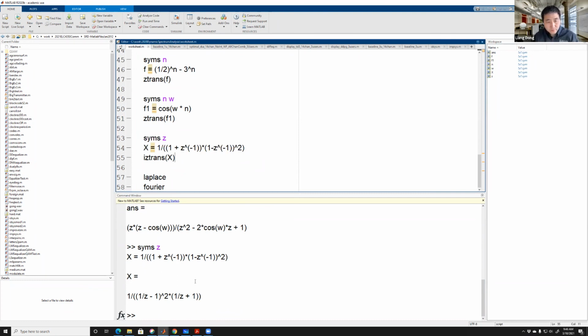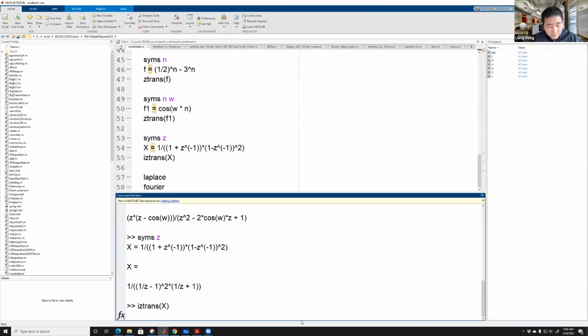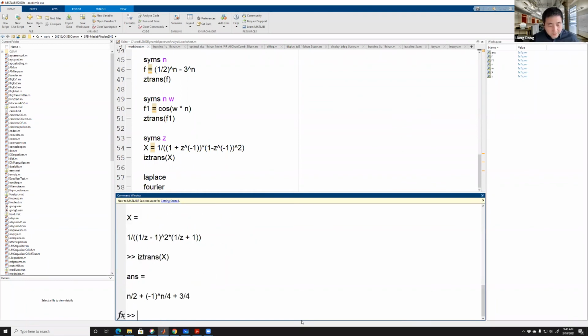Of course, in Matlab it gives you a function of positive z, so it ends up like that. Then I do an inverse z transform of capital X, and that's what we have. This is exactly the answer we got.